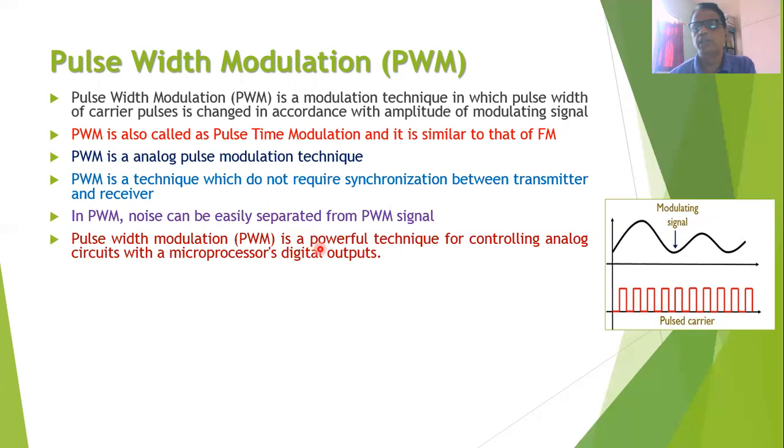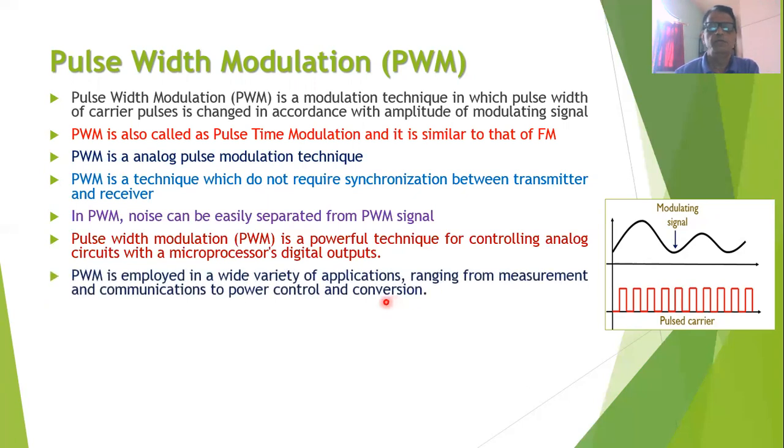Pulse width modulation is a very powerful technique because it can be used for controlling an analog circuit with a microprocessor's digital output. It can be used in a wide variety of applications. For example, we can use it in measurement circuits, and also in communication circuits to control the power.